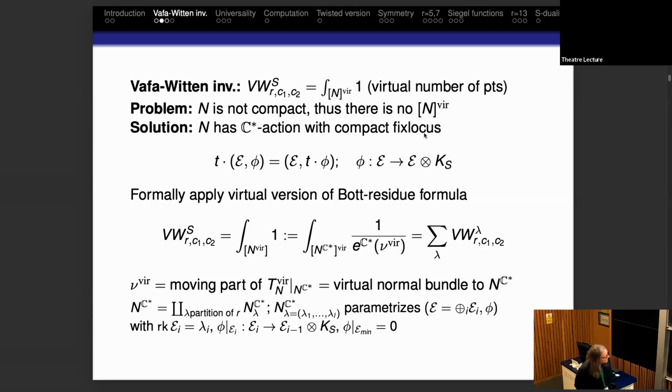Namely, the component corresponding to a partition lambda parameterizes the situation where our sheaf decomposes as a direct sum of lower rank sheaves, and the Higgs field phi always sends one of these E_i to the next, and the last one goes to 0. And lambda is then the partition given by the ranks of these E_i.